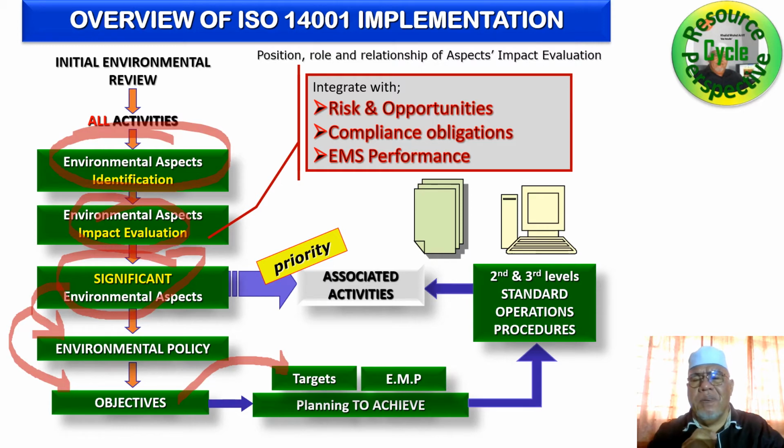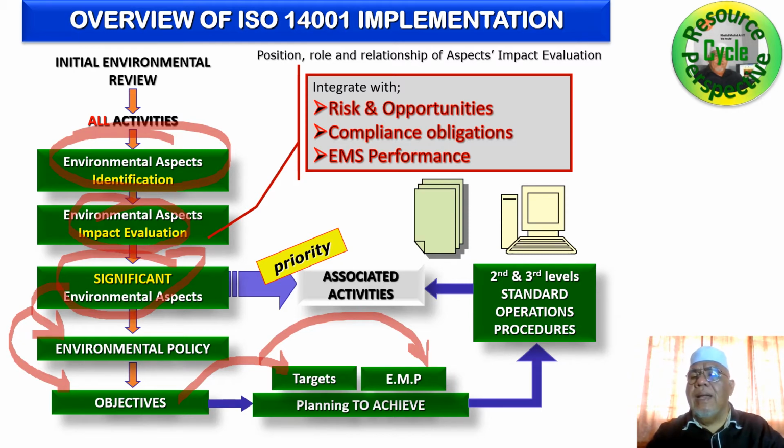Remember, if our company is doing business, we have to ensure that the company's business is sustainable using the environmental management system. And who does what, when and how, and what resources are needed to achieve those targets. These are all planning actions to achieve them, and it is stipulated in this 2015 version of ISO 14001.